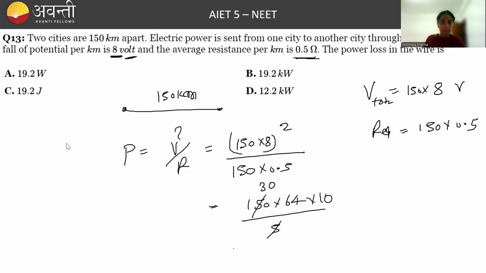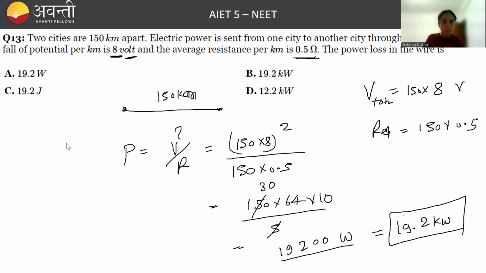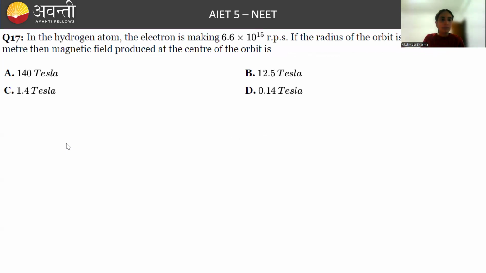This will become 30, and if we multiply it, this will become 19200 watt. So in terms of kilowatt, it will become 19.2 kilowatt. Okay, so this is going to be our answer. The correct option is B.